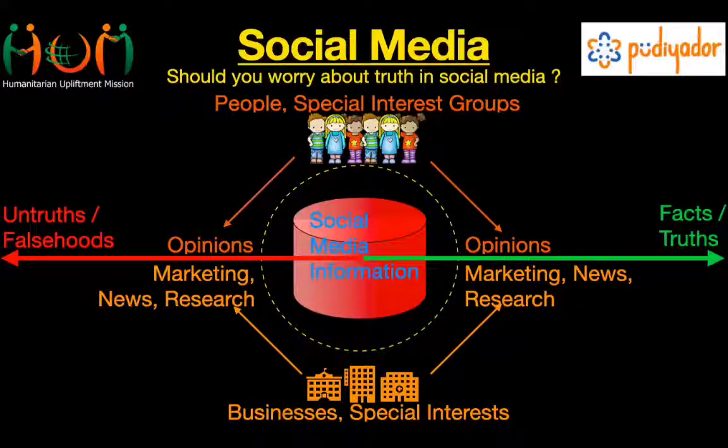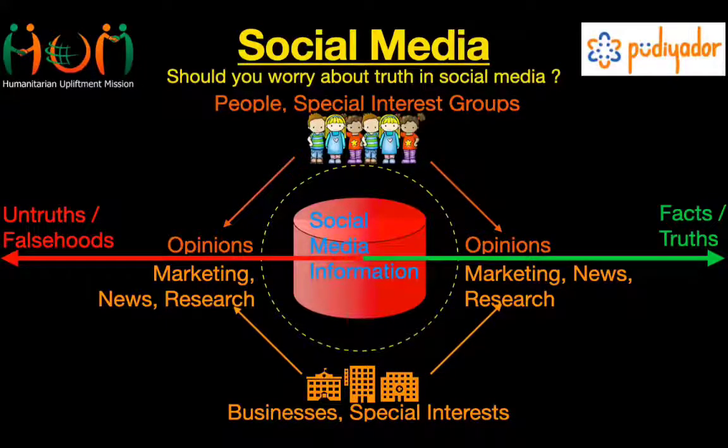Then at the bottom, you have businesses and special interest businesses that are doing marketing on social media. What is marketing? Marketing means presenting their products in a positive light. Positive light means showing all the good things about their product, talking about the best things about their product. That is marketing.